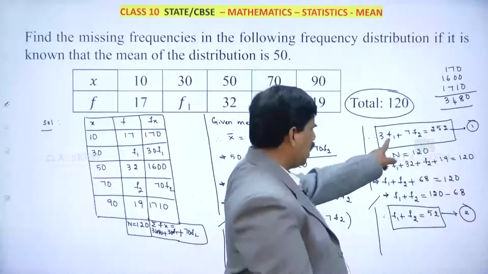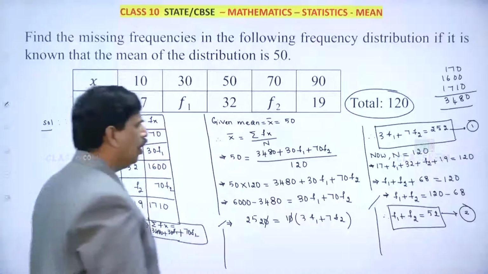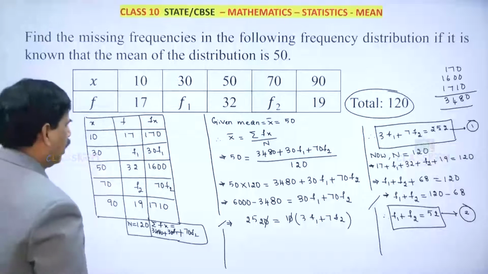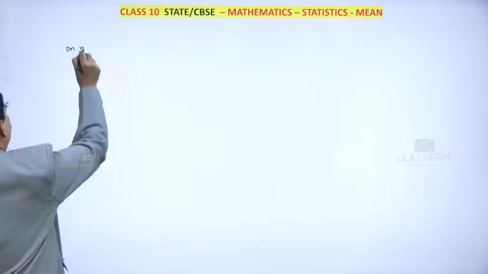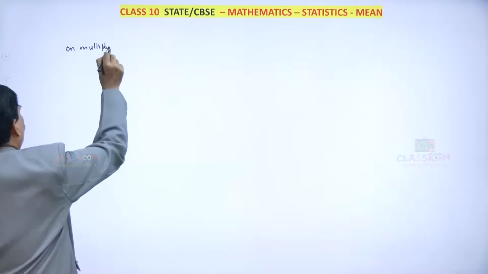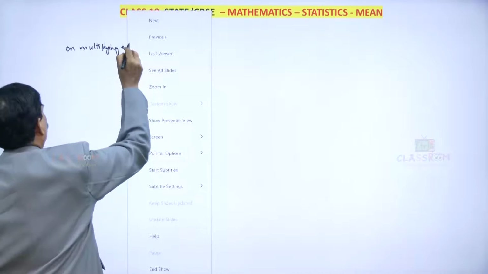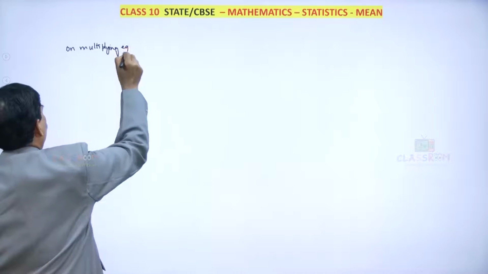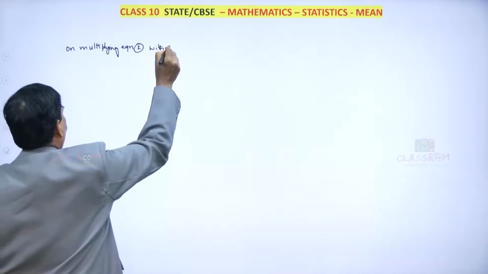f1's coefficient is 3 here, but here it is only 1. So on multiplying equation 2 with 3.